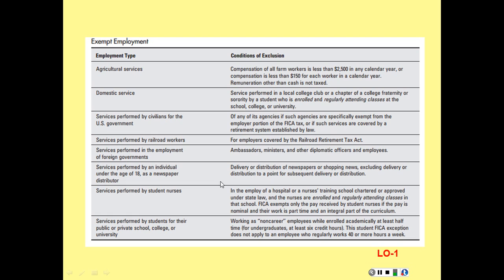So that was, I'm sure, a lobbying issue, a social need or social good issue where they felt that we're not going to pull them into the system. It's nominal amounts. It's young people doing something good, earning their own money and delivering the news, which is a critical function in our society. So that's there too. Student nurses we've mentioned.